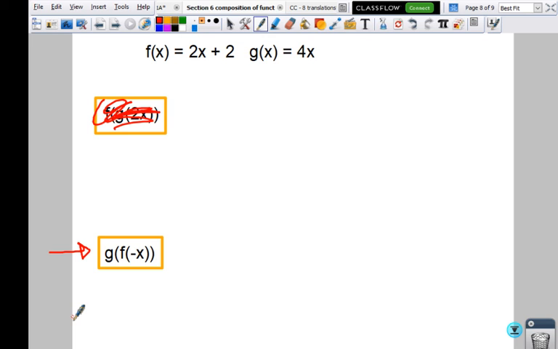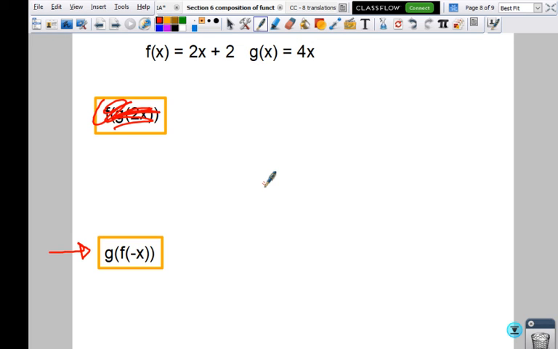That's what you get. Oh, that's right. Keep going now. What do you do with that? You got negative 2x plus 2. Okay, cool. So negative 2x plus 2.